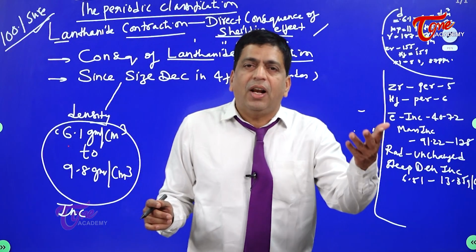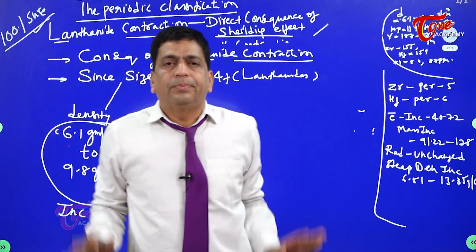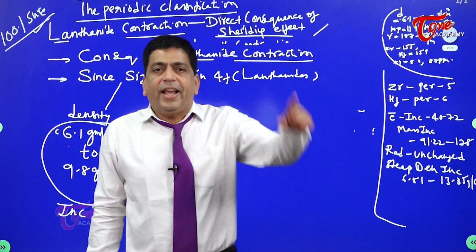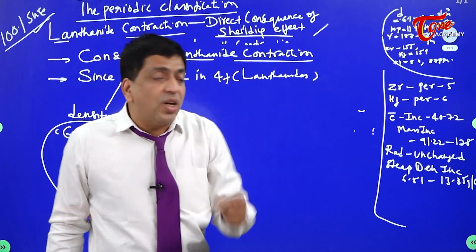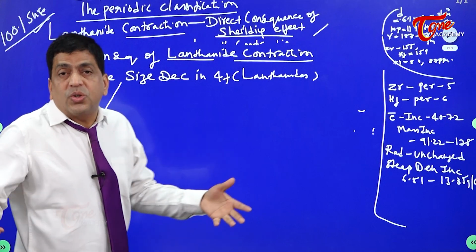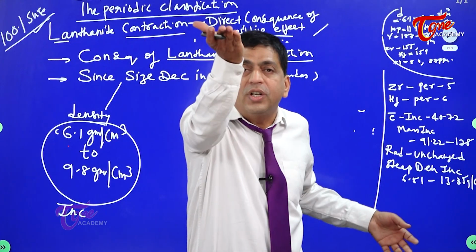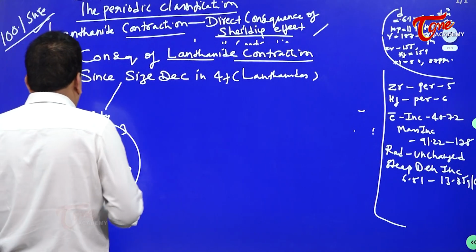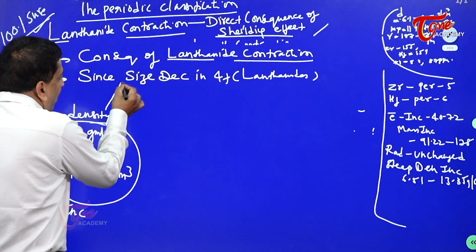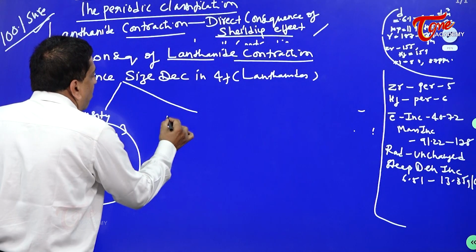So the question which he will ask in the exam is, which of the following is true? The direct consequence of lanthanide contraction is that the density is increasing from 6 to 9 because the size is decreasing. The density would like to increase. Direct bearing of it.